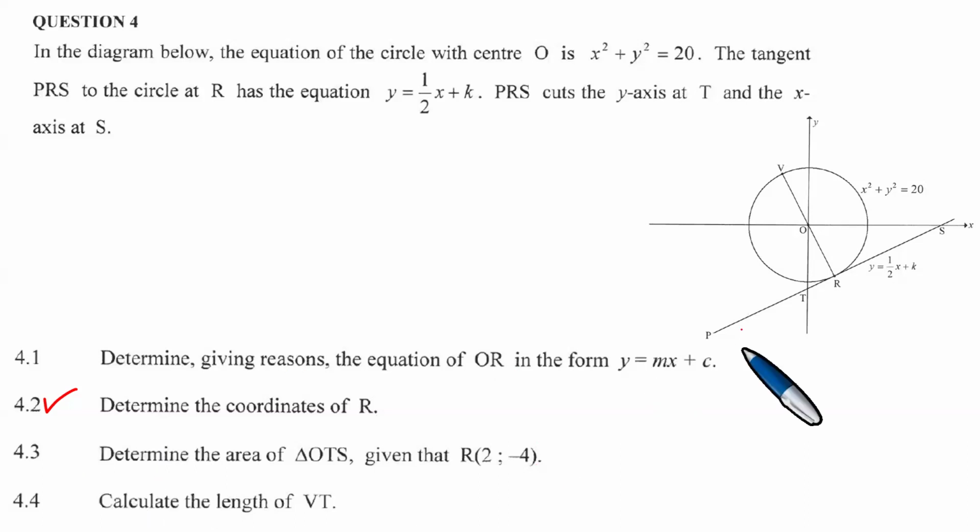If we're doing 4.2, if you already know that the answer here is minus 2x, find the coordinates of R quickly. What are the coordinates of R?